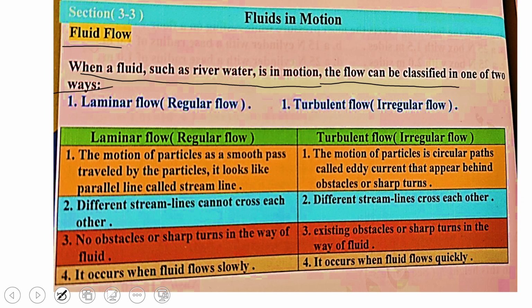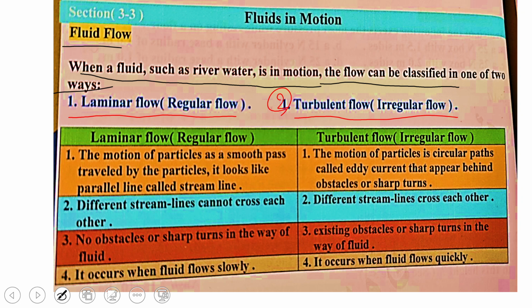The first is called laminar flow, or regular flow, and the second type of moving water is called turbulent flow, or irregular flow.